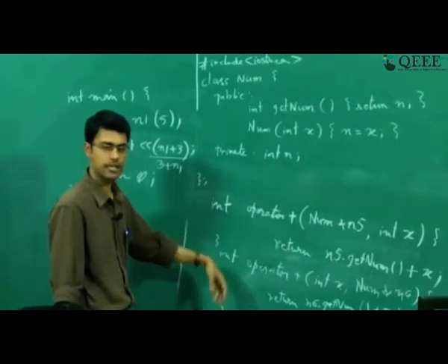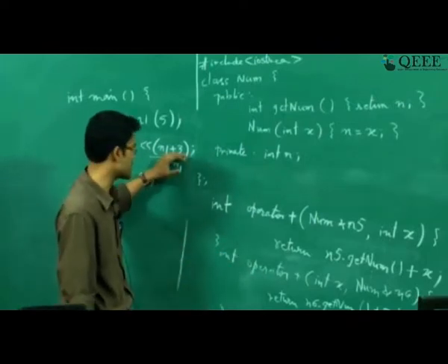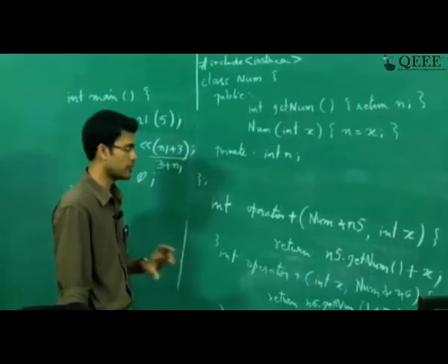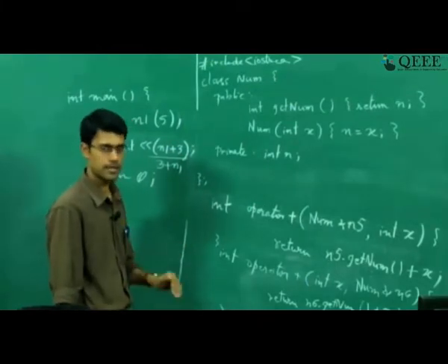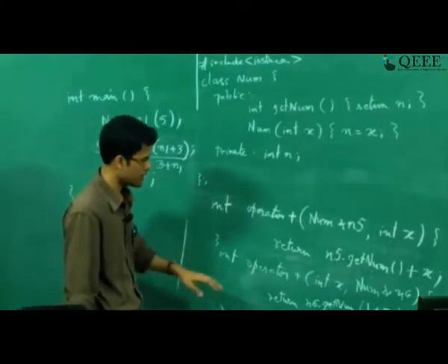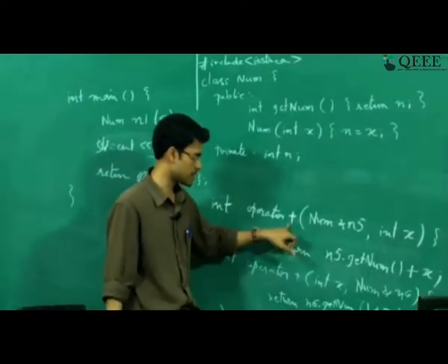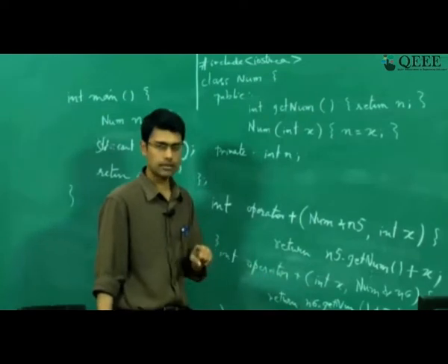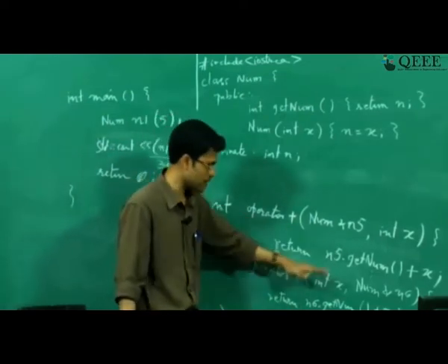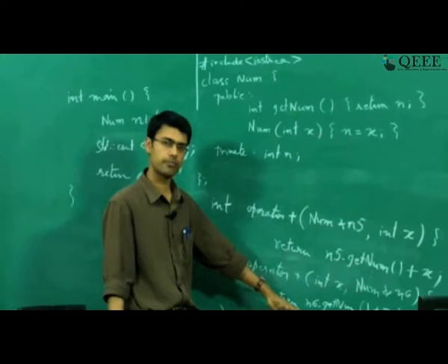While this is okay, it will compile and give exactly the same answer as n1 plus 3. From the perspective of good programming practice, there is a problem. The problem is that now there is a repetition of this code. The meaning of plus is only one, and that is getting replicated across multiple invocations of plus.